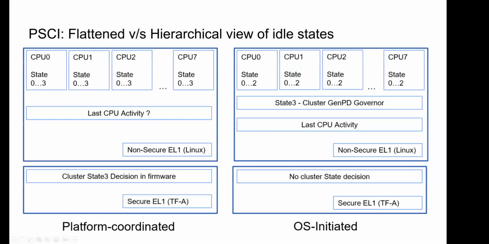And that too, if in Linux some other driver takes a PM QoS or some dev PM QoS on only one CPU, so that it is not able to enter, all other CPUs would still be selecting a cluster level mode, thinking that firmware will aggregate it. But that is not going to happen because you have taken a QoS on one of the CPUs. Yeah.